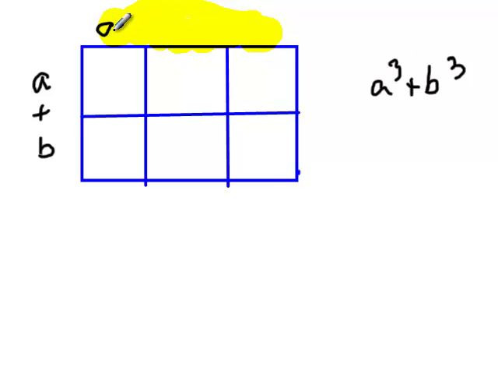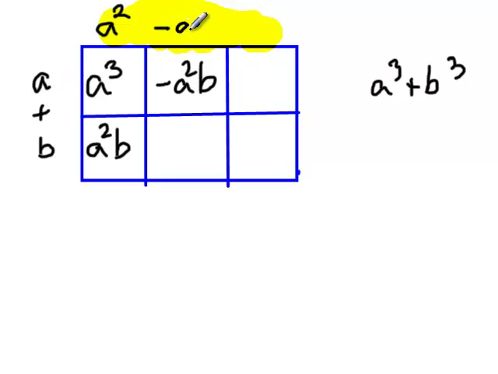Okay, it's likely to start with an a squared. So if we had an a squared, multiplied that by the a, we'd get an a cubed. But we've got a b, so we're also going to get a squared b. Don't want that guy, so we need to take him off. Okay, these will cancel out. Now the only way I can get a minus a squared b when I multiply by the a is to multiply by a negative ab.